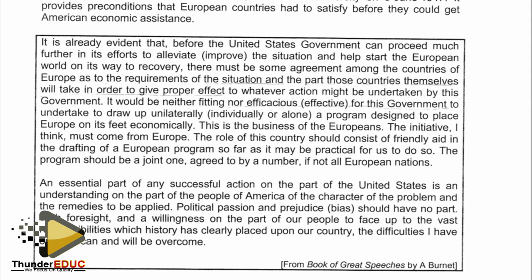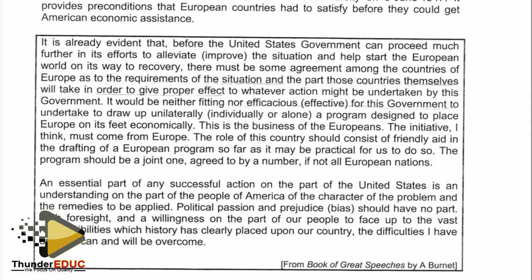Right, if we go to source 1B, you find that it talks about a critical situation which is indicated here. It talks about alleviating the situation or improving the situation. That is the first response that you get here: to alleviate the situation which was there.